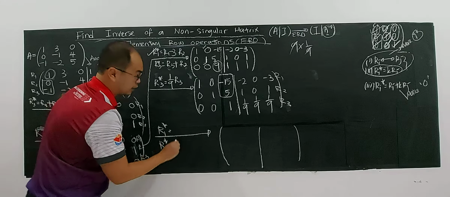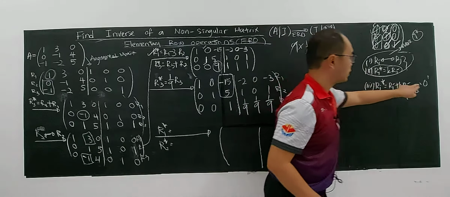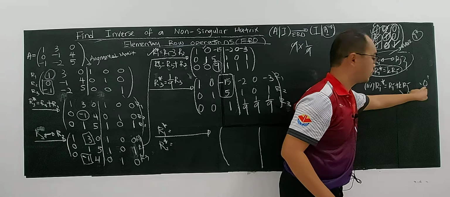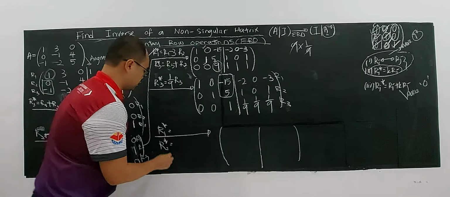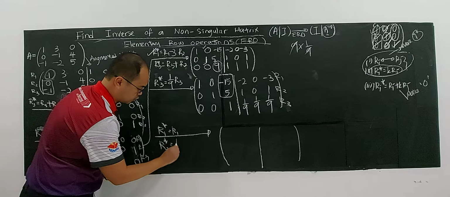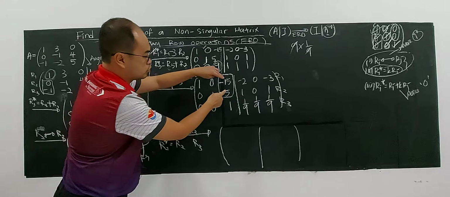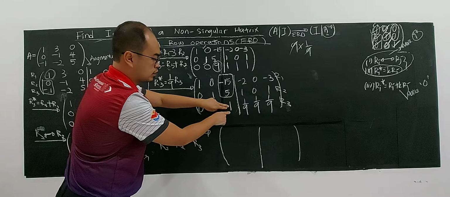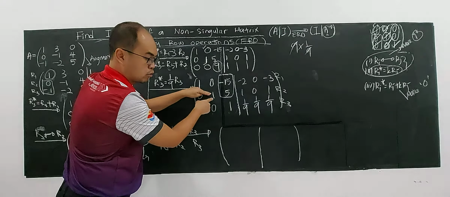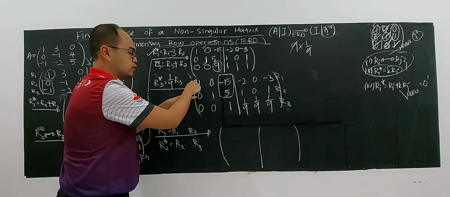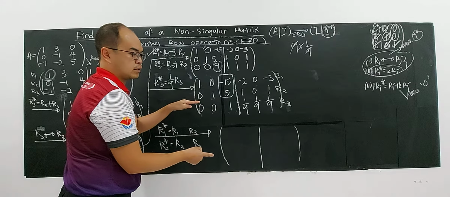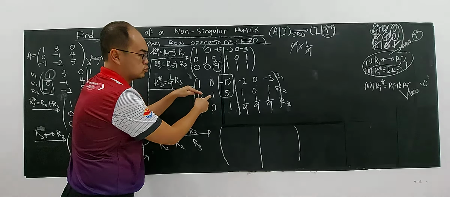Then you will use the third operation. You want to make something become 0, the third operation. So refer to another row: row 1 and row 2 must refer to row 3, right? These two 0 refer to row 3. These two 0 refer to row 1. These two 0 refer to row 2.